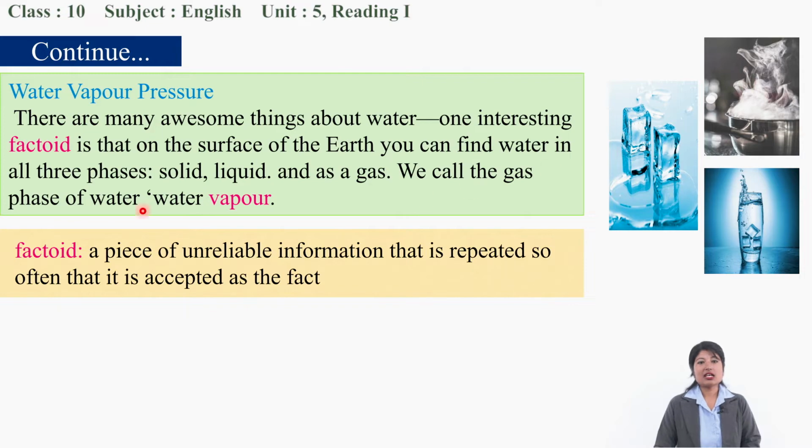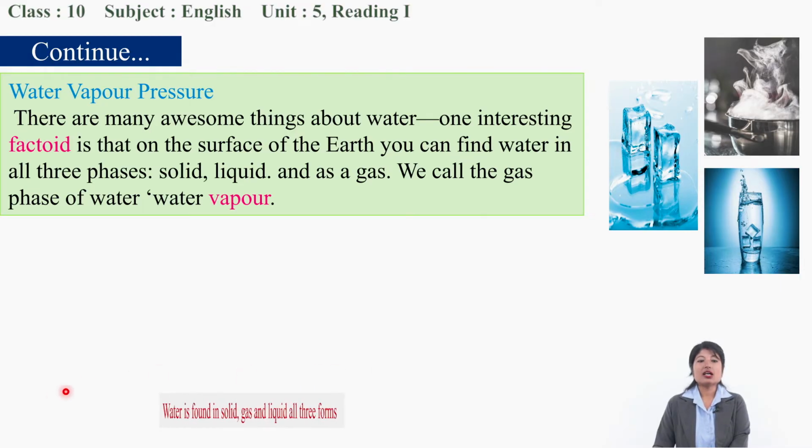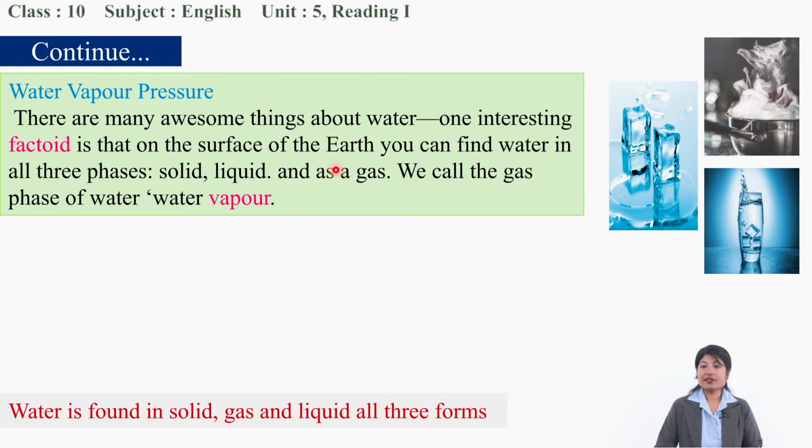The gas form. We call the gas phase of water vapor, right? Vapor is a substance diffused or suspended in the air, especially when normally liquid or solid. So from this paragraph, we come to know that water is found in all three forms: solid, gas and liquid on earth.